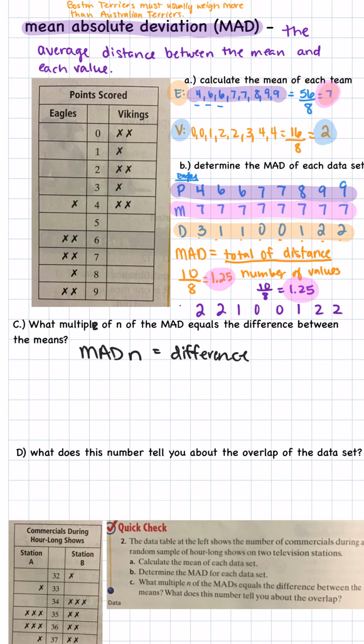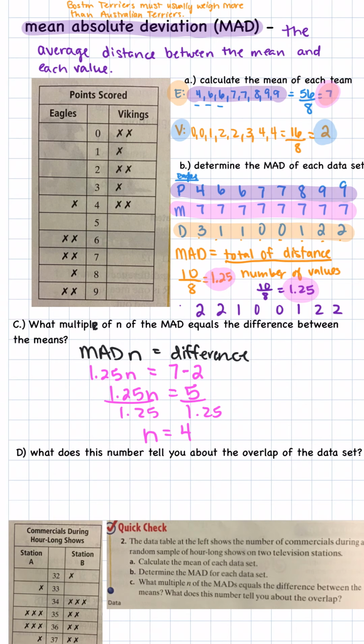So we're going to plug in 1.25 times n equals, and so then we do the difference. So the mean of the Eagles was 7, the mean of the Vikings was 2. So 7 minus 2. So we have 1.25n equals 5. Divide by 1.25. Therefore, the n equals 4.